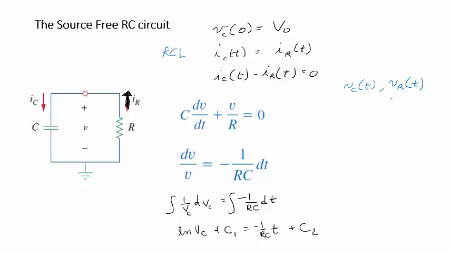But they are the same voltage, are they not? They may be oriented differently, but by Kirchhoff's voltage law, this voltage here must be the same as this voltage here.